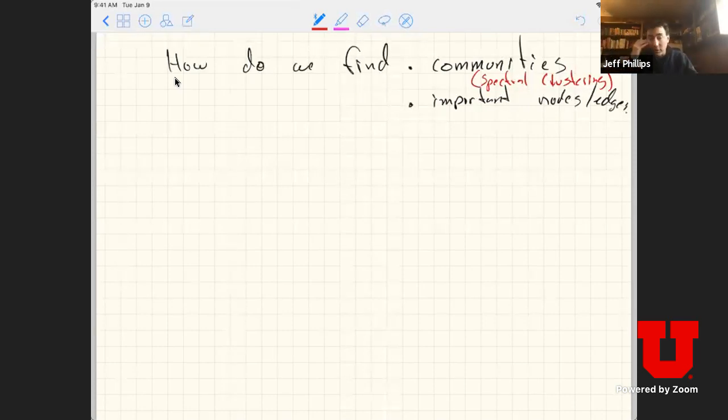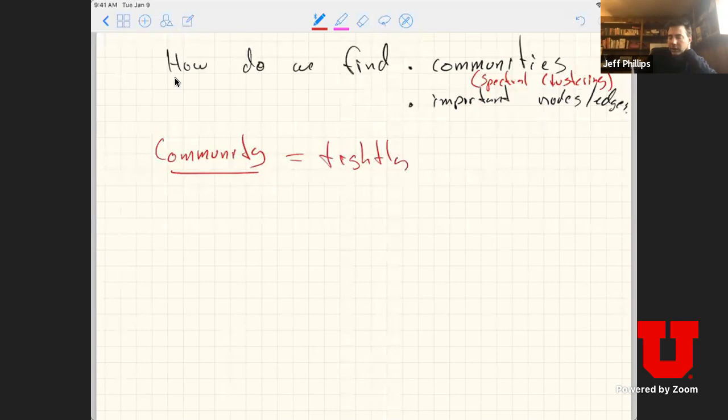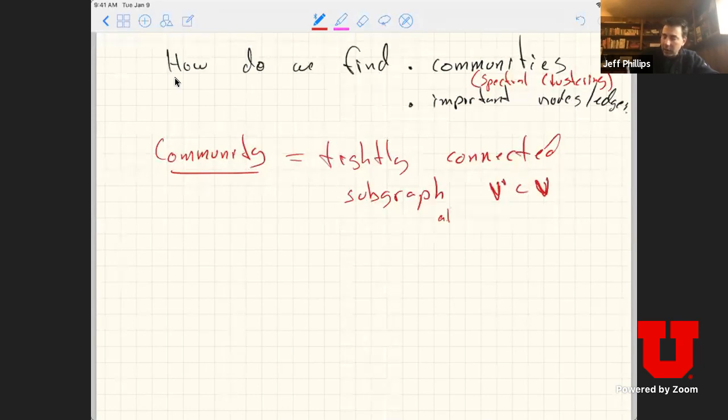I differ in the notion of clusters and communities. A community is going to be a tightly connected subgraph. So I'm going to define V prime as a subset of all the vertices V, and all edges defined by V prime.